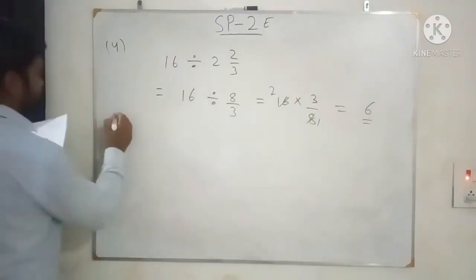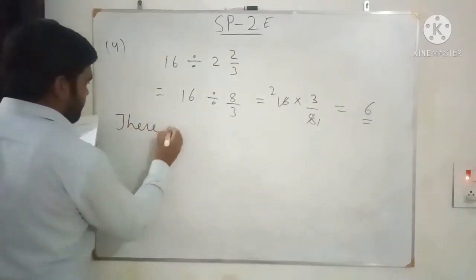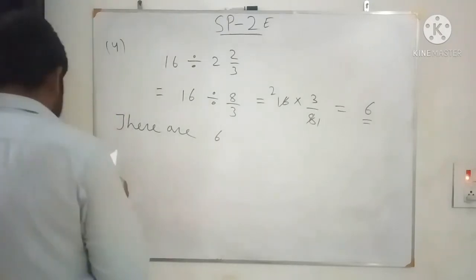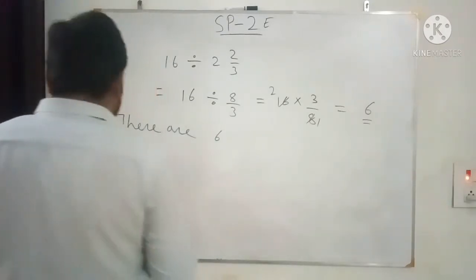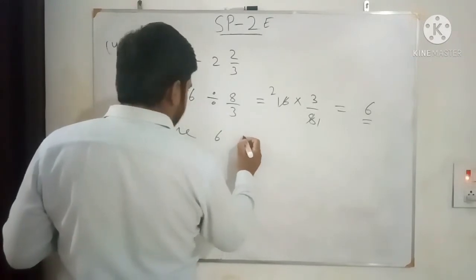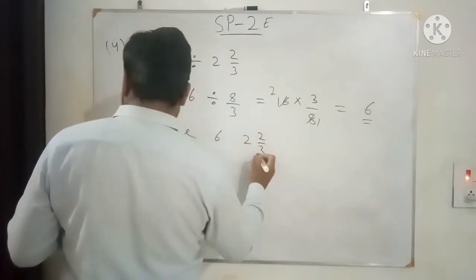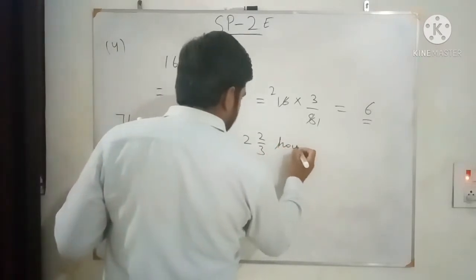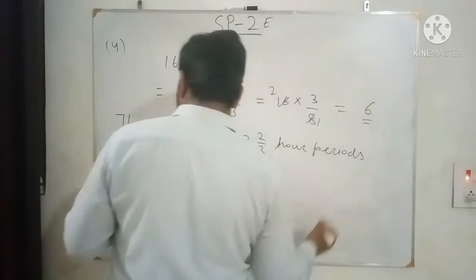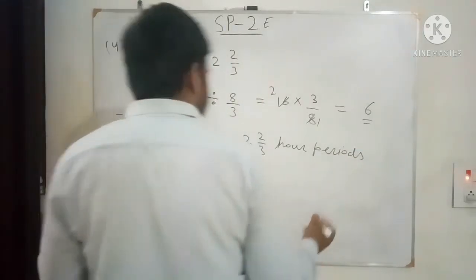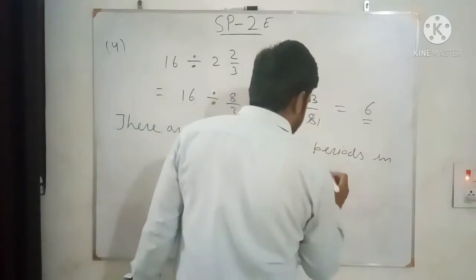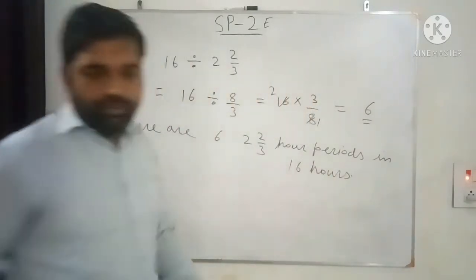You write the answer: there are 6 two-by-three hour periods in 16 hours. Like this you have to do.